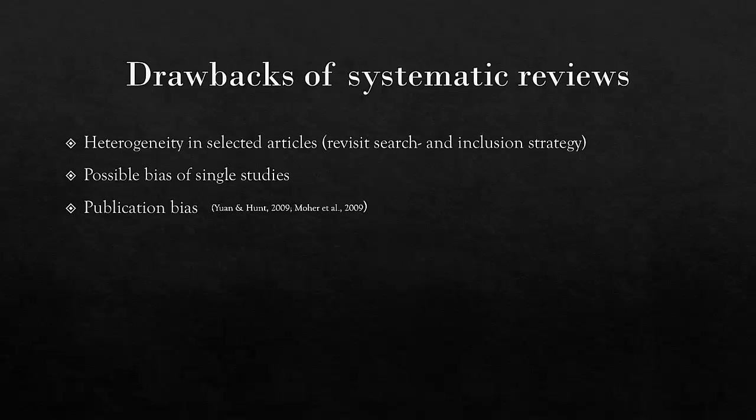As I said previously, it's possible that a bias is already there in single studies and you're going to include that. You need to avoid that by having a proper quality assessment. But still, biases might be included in your systematic review because of biases in the original research articles. It might also be because of the authors.